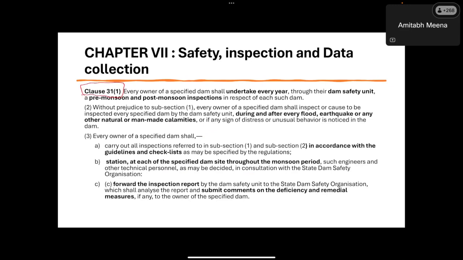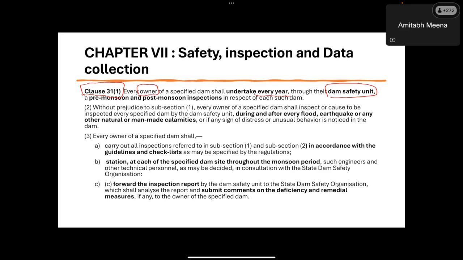Section 31 deals with pre and post monsoon inspections and other types of inspections also. It states that every owner of a specified dam shall undertake every year, through their dam safety unit, a pre-monsoon and post-monsoon inspection in respect of each such dam. So it is the responsibility of the dam owner to conduct the safety inspection through the dam safety unit.